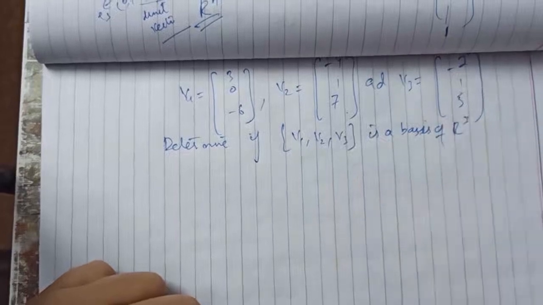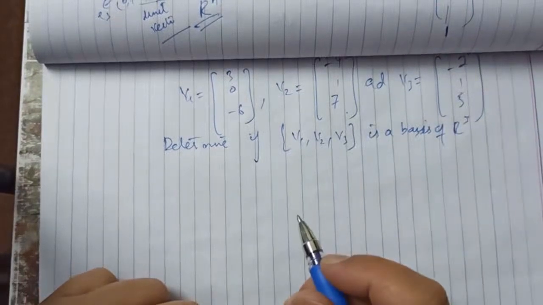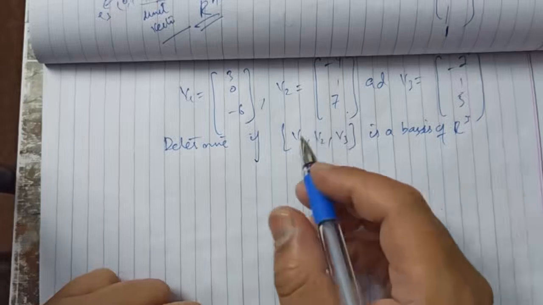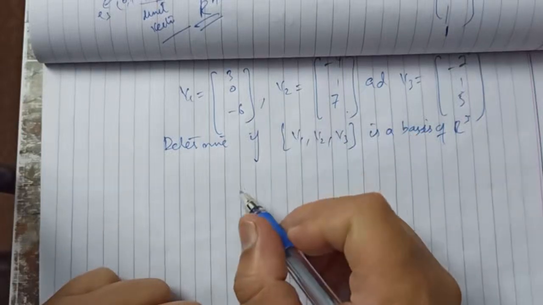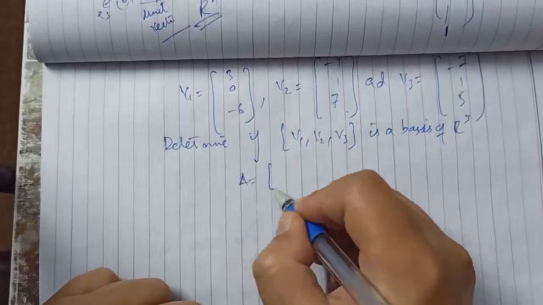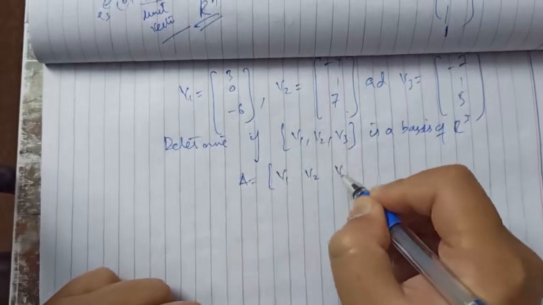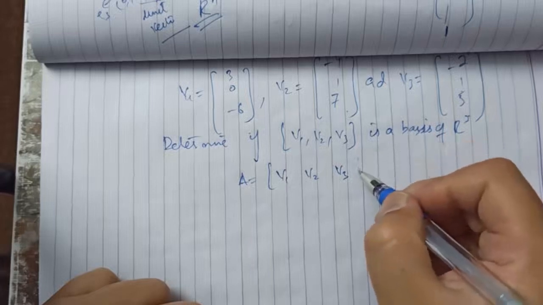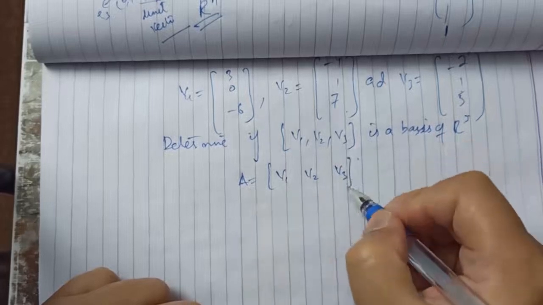Right? So what you simply do here is try to find the solution, and we know that we can do that. It means you can write this as A equal to v1, v2, and v3, and look for the augmented matrix of the solution of 0.